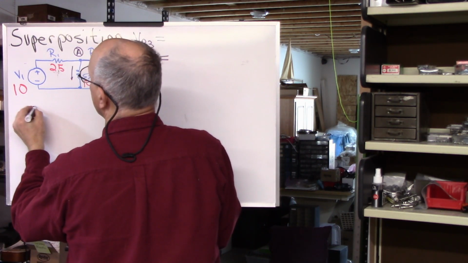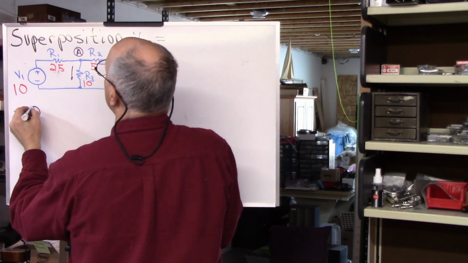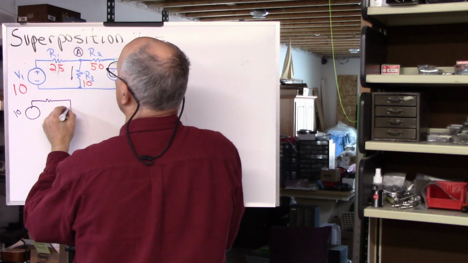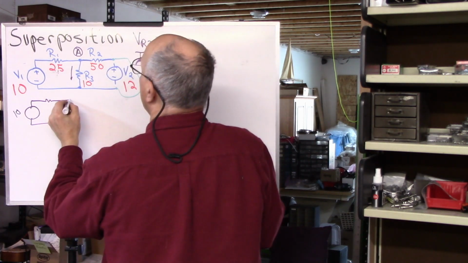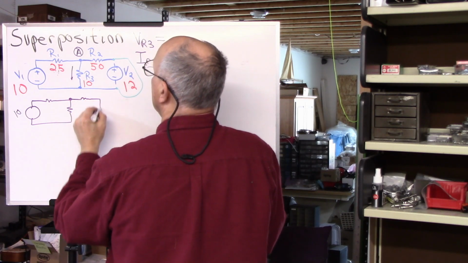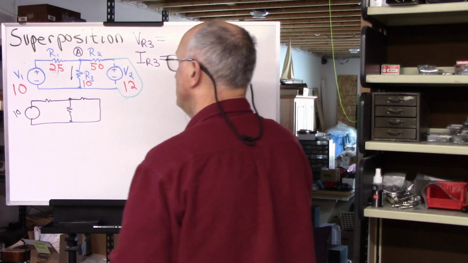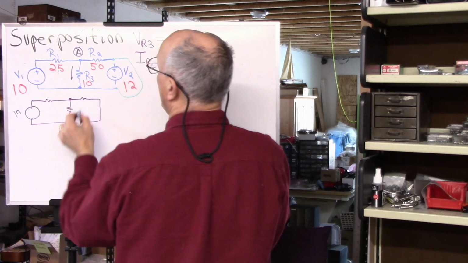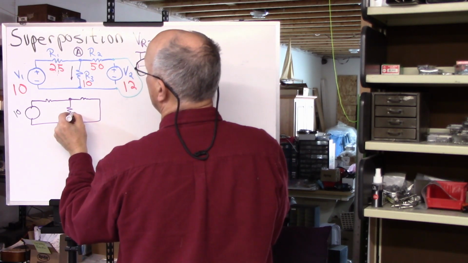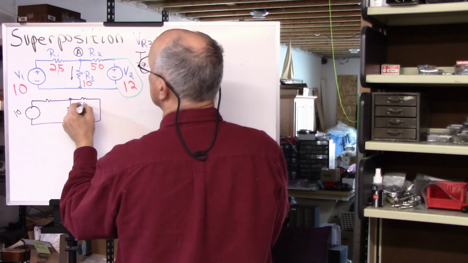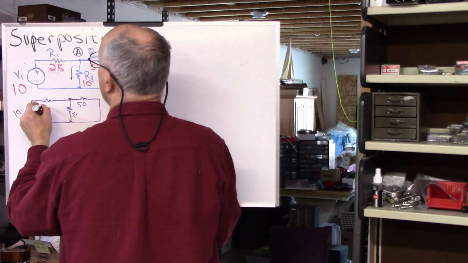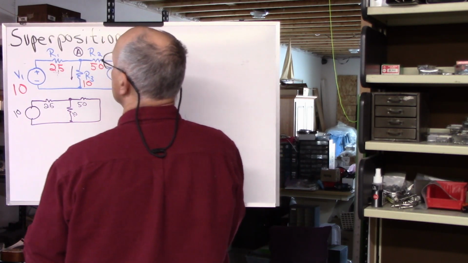So here's our representative circuit. We have a 10-volt voltage source here. We have a resistor here, a resistor here, and a resistor out here coming back. As you can quickly see, this 10 ohm resistor and this 50 ohm resistor are in parallel with one another. The 25 ohm resistor is in series.